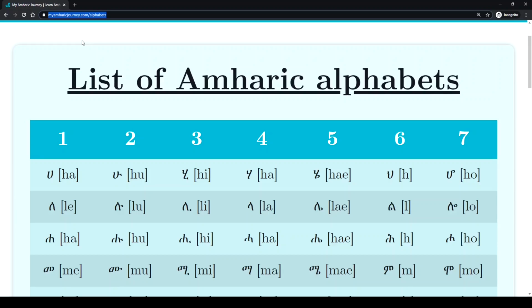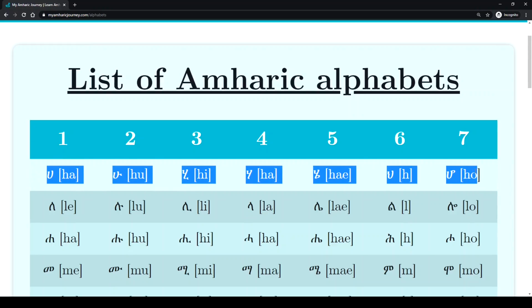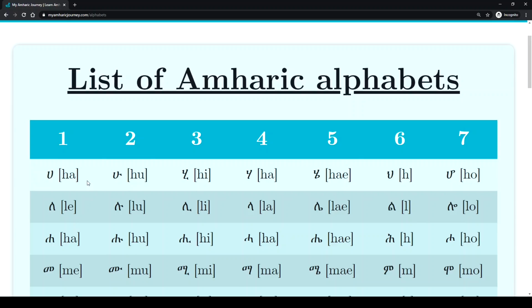So we will begin with the first row here. I have already provided the pronunciations, but I will also pronounce them, so you will be able to hear me and do the same. So we will start with the first row.